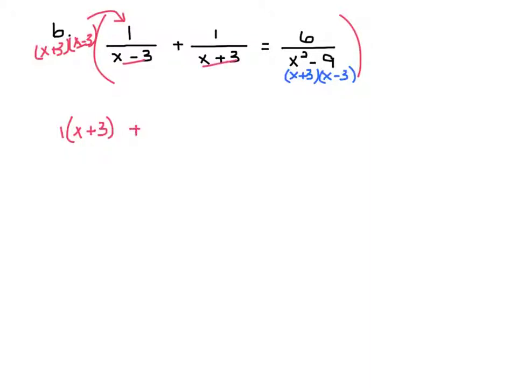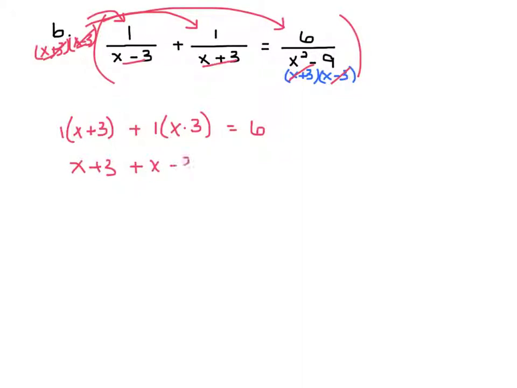And then my x plus 3's cancel, and I'm left with 1 times x minus 3. And then on the third equation, they both cancel, and so I'm just left with equals 6.